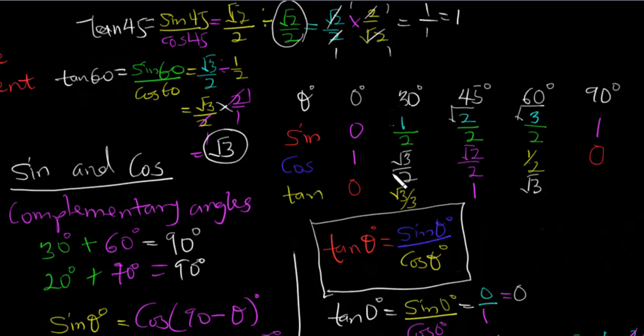Now we are left with the last one, that is tan 90 degrees, and let me put it here. Tan 90 degrees is going to be sine 90 divided by cos 90. Sine 90 is 1, cos 90 is 0.